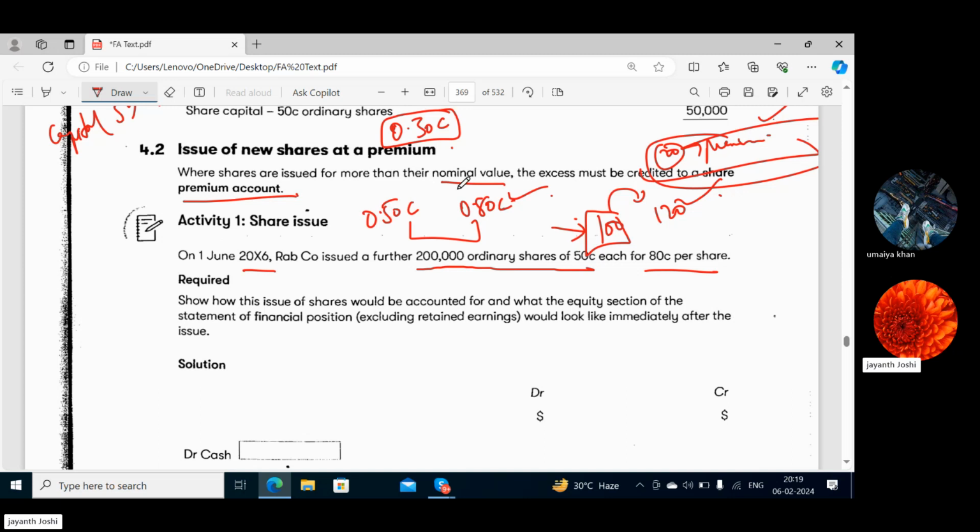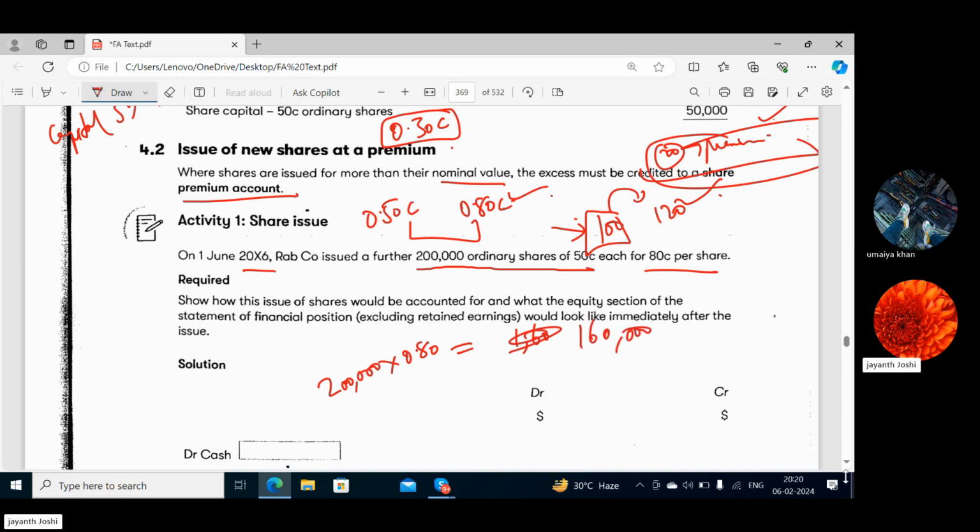Now we will pass the journal entry. The entire issue is 200,000 into 80 cents, but we will give a breakup to this. The cash they will be receiving is 200,000 into 80 cents, that is 160,000.